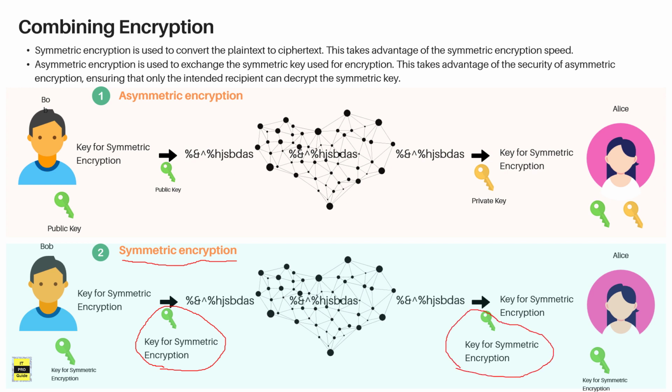They share the secret over the internet using asymmetric encryption in the first step. Once this handshake happens, they switch to symmetric encryption, using the same key to transfer the bulk data, so VPNs add security and also performance. This is how we take advantage of both symmetric and asymmetric encryption.